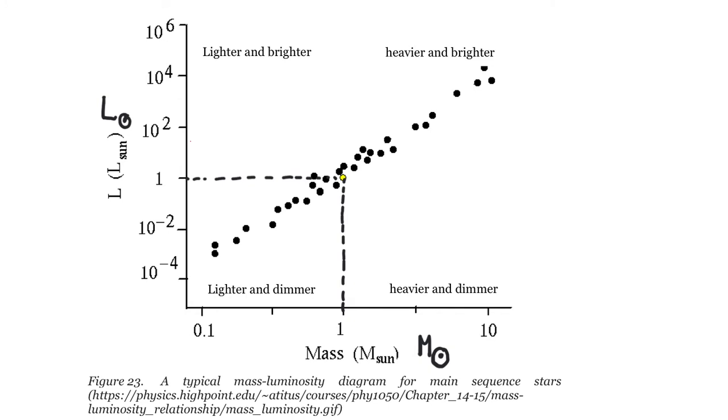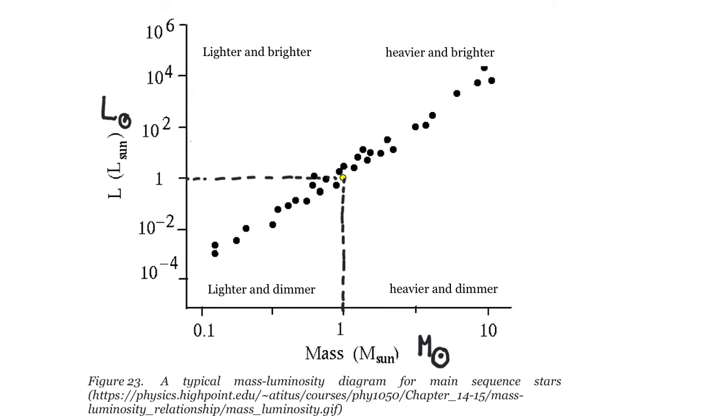So if we look at the trend, it shows that as we move upwards, we get stars that, as their mass increases, so their luminosity increases.